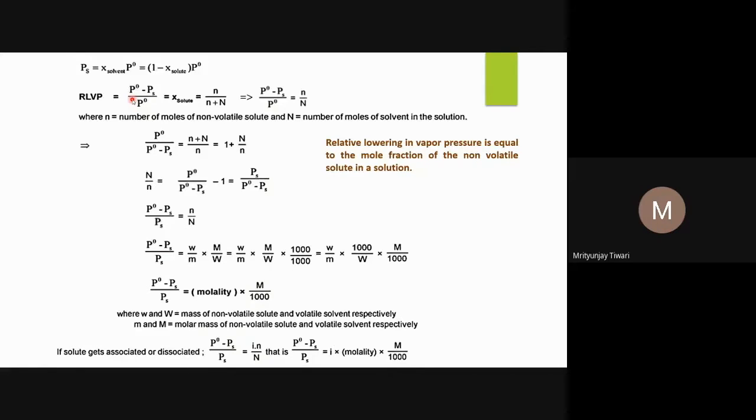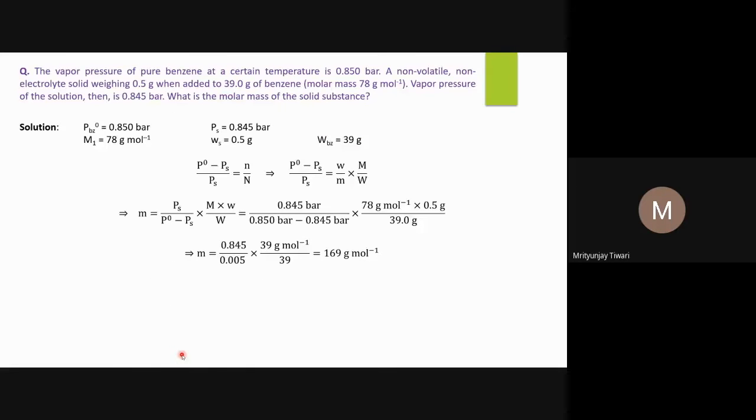Though Ps is smaller, it is not much smaller than P naught. So in the final equation, we write i into molality into the molar mass of the solvent divided by 1000 gram. Whatever colligative property value you get, you multiply by the factor i, and you get the experimental colligative property.